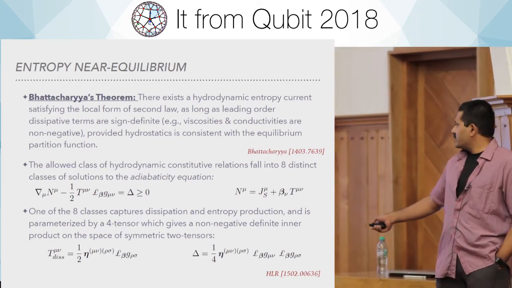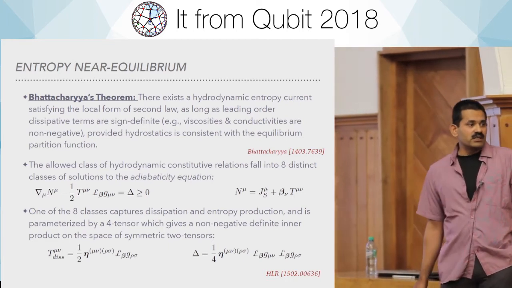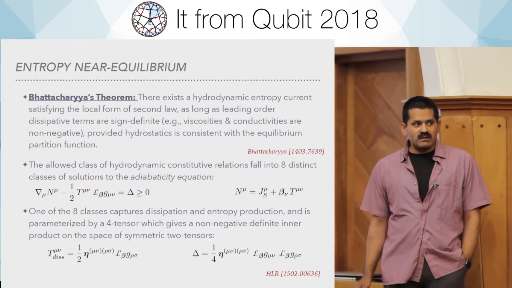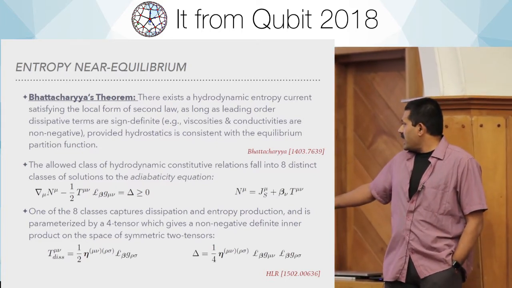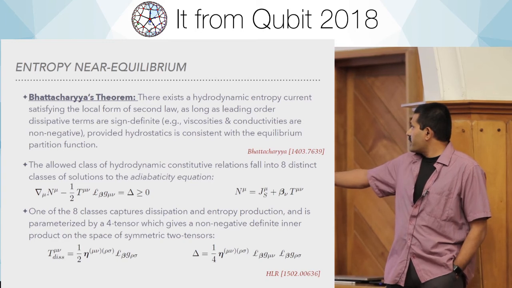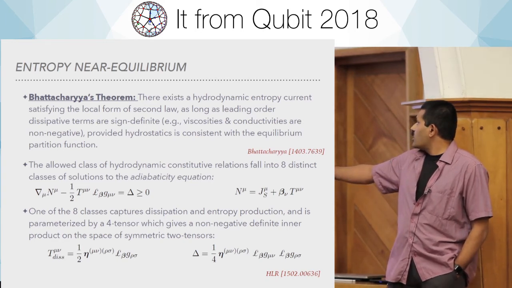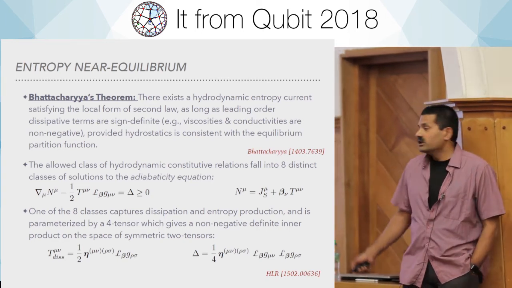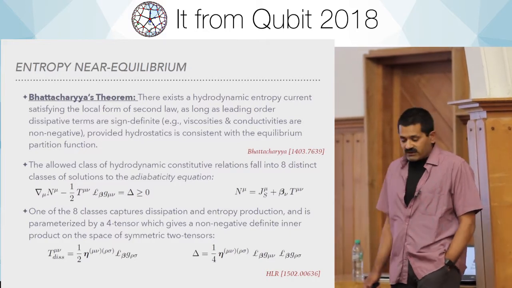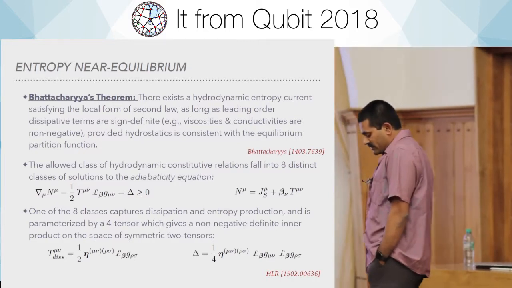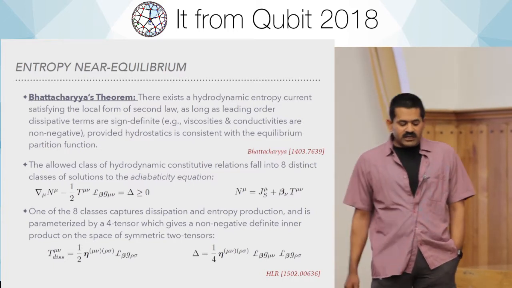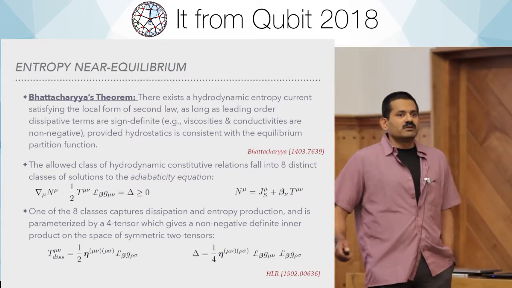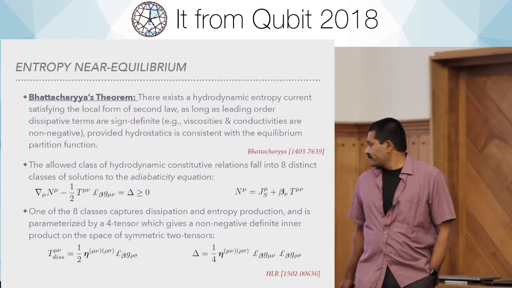I cheat a little bit because this 4 tensor is not really a tensor. It's a tensor valued differential operator because I buried any order derivatives, because I want to make a statement that's true to all orders in the gradient expansion. So think of this delta as a tensor valued differential operator that defines a positive definite inner product on the space of two tensors.